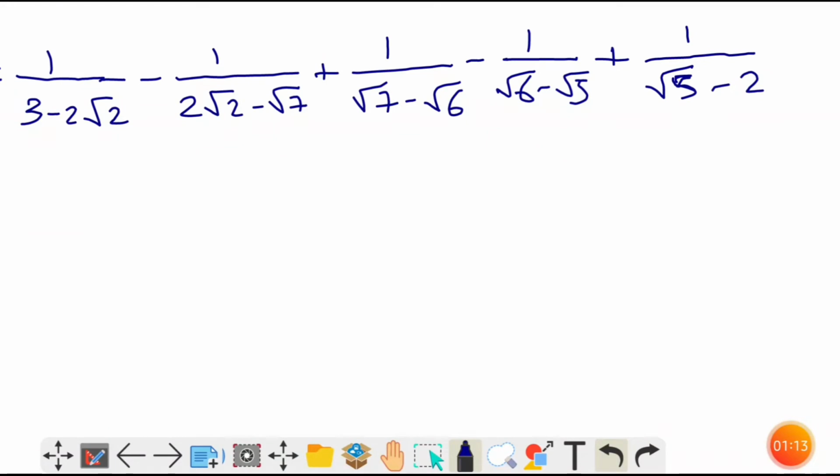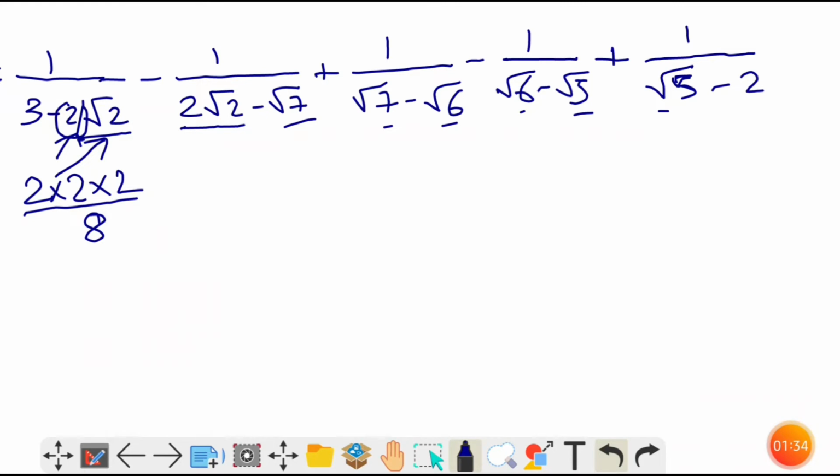Now see, in the denominator there are numbers inside the root, but only 2 root 2 is having the number 2 outside the root. That means 2 has a pair, so it's outside the root. That is 2 into 2. We have to put this 2 inside the root. So we'll have 8.